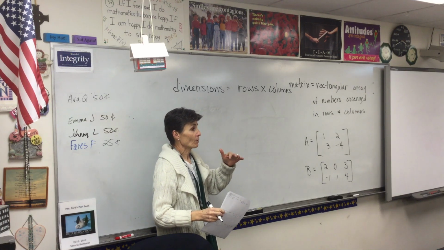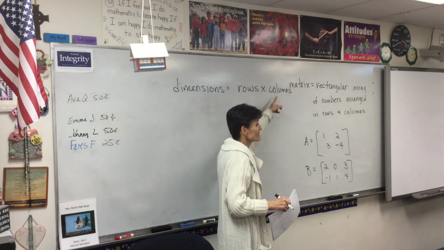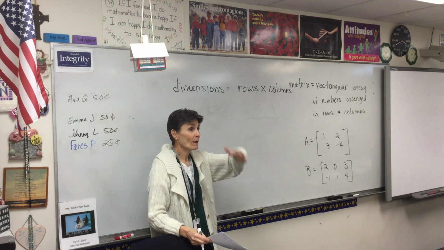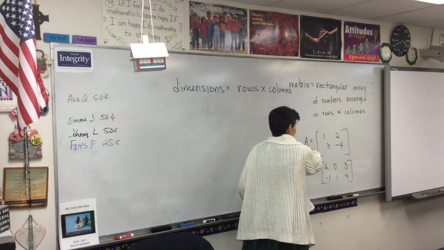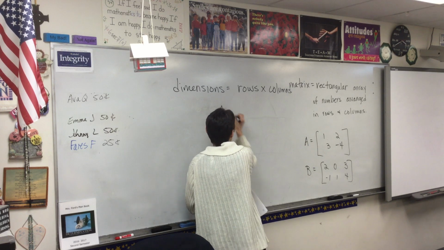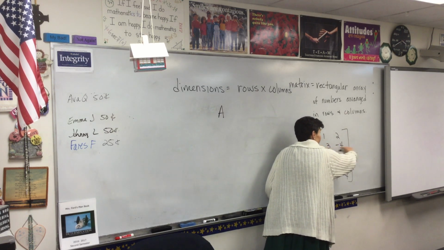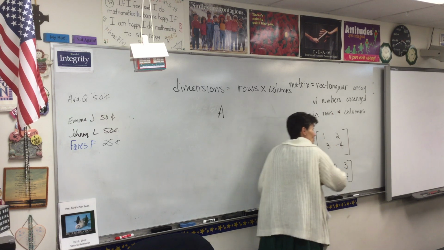So I remember Roman Catholic, RC, rows by columns. Always rows first. So when I look at matrix A, the dimensions of matrix A, how many rows does it have? 2. How many columns does it have? 2.